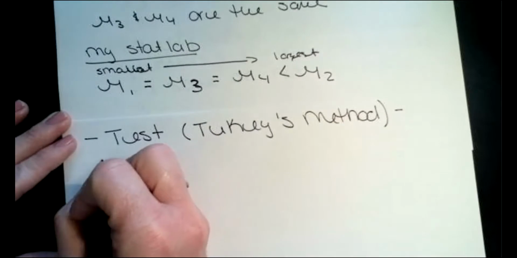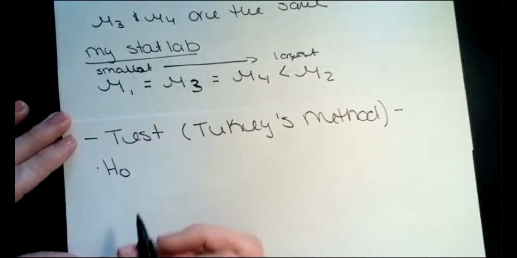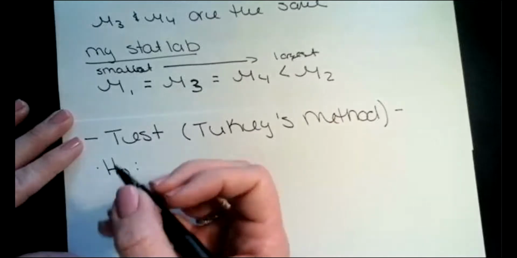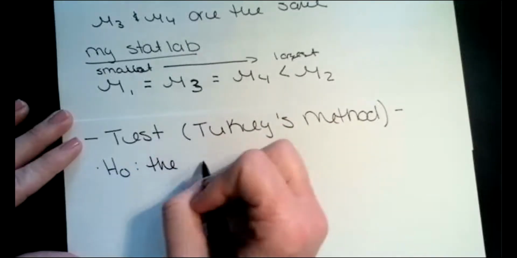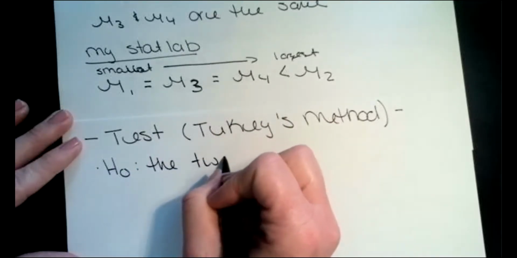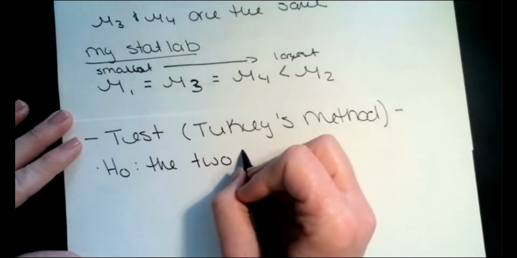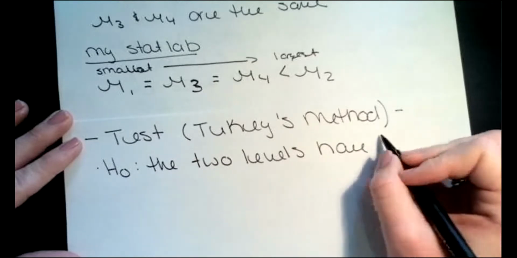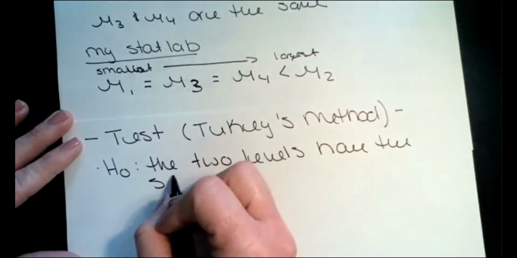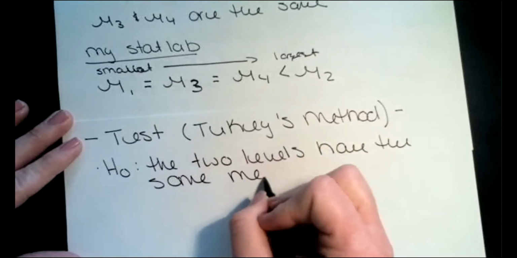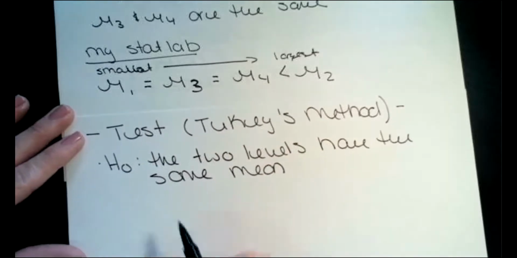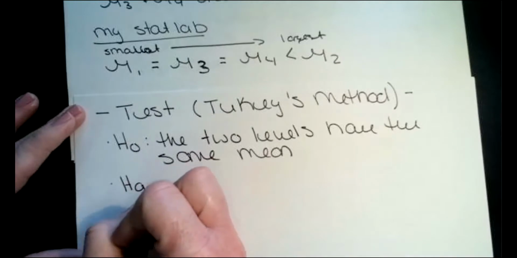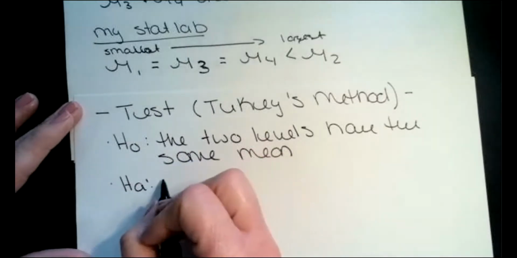It's a real shortened test process. So my null is that the two levels, because remember it's pairwise, you're only looking at two at one time, have the same mean, which I don't think we're surprised by, because a lot of the time my null means that they're the same. And my HA is that the means are different.